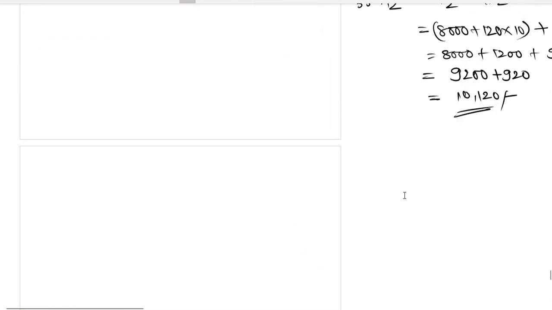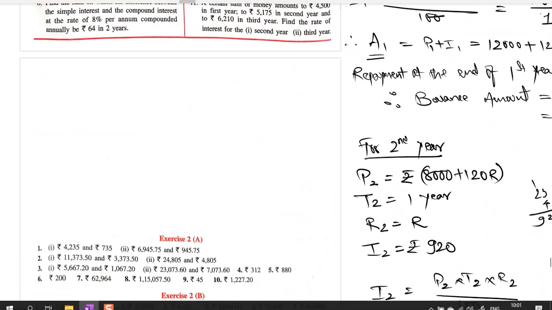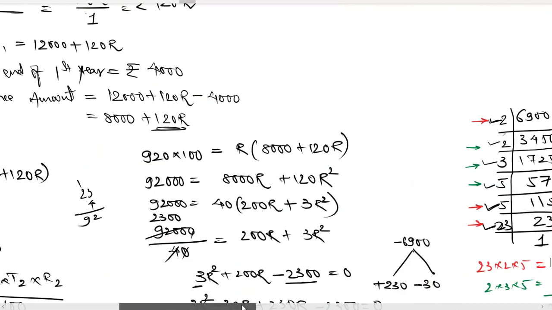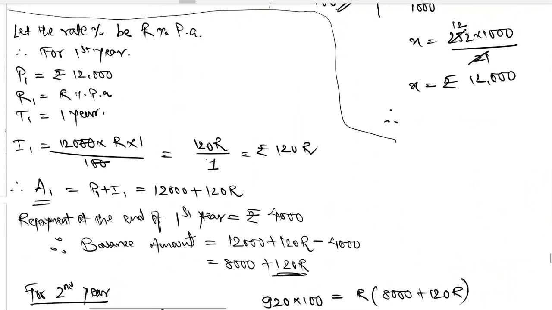Amount, debt at the end of second year, and rate is 10%. So I hope you have used the same method which I have shown over here. Just a moment. Let me zoom out a bit so you can see the whole thing.